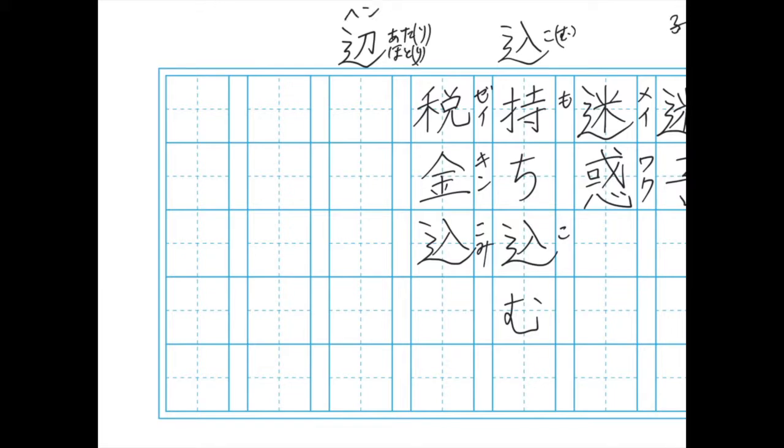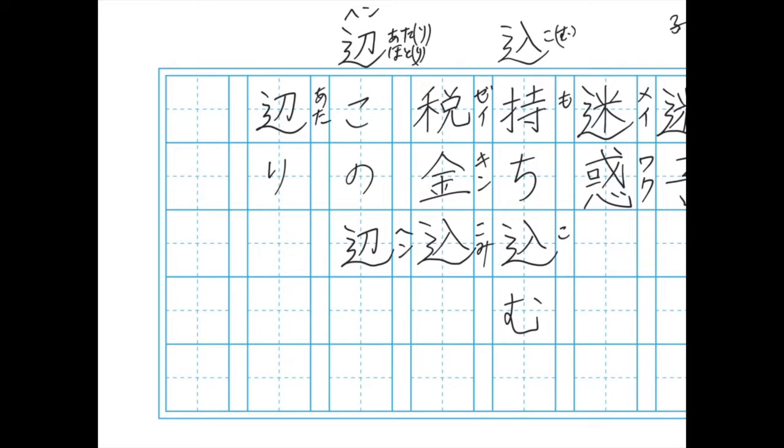For example, この辺. この辺、郵便局ありますか? Is there a post office in this area? Like in this vicinity. あたり、このあたり、そのあたり, like over there, thereabouts, over here, around here, is a very similar, it's a synonym for この辺 or 辺.